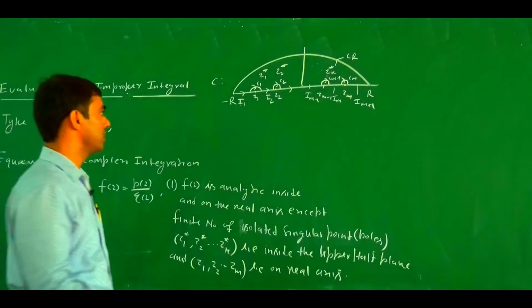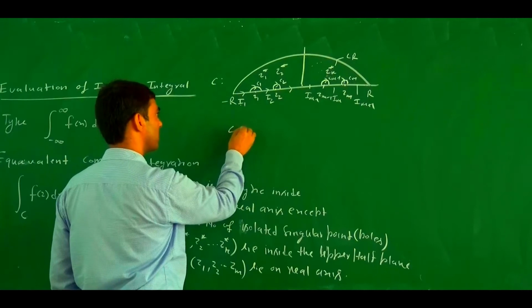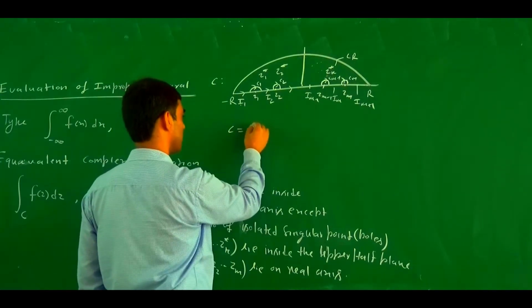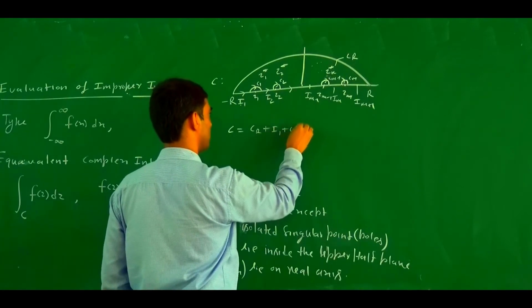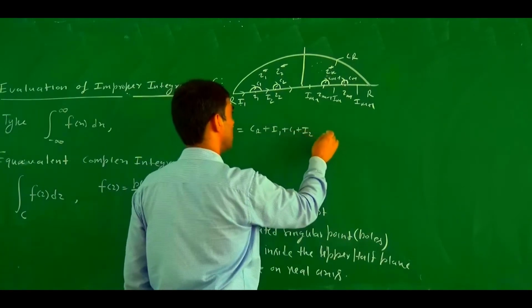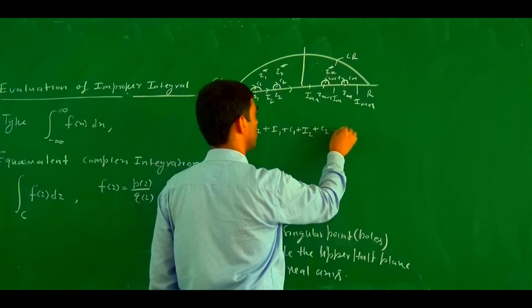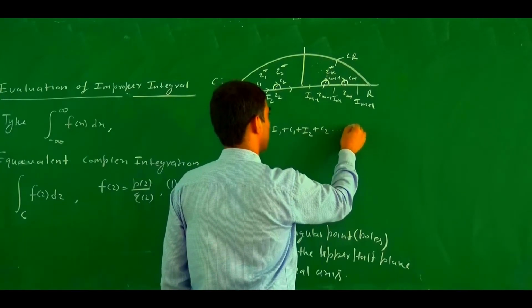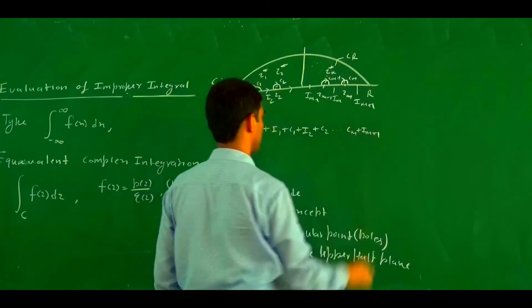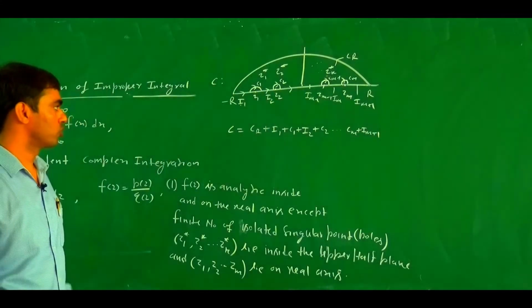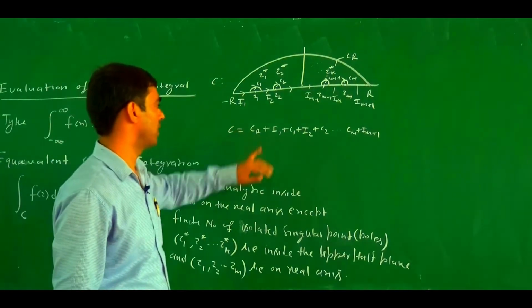So C is divided into CR plus I1 plus C1 plus I2 plus C2 up to Cm plus I m plus 1. So C is divided into these parts.